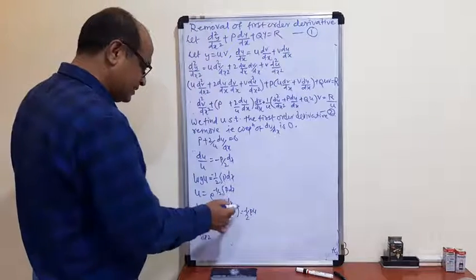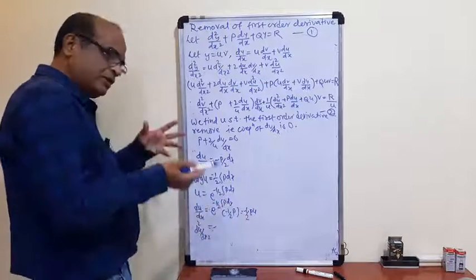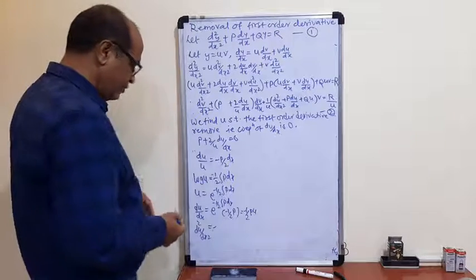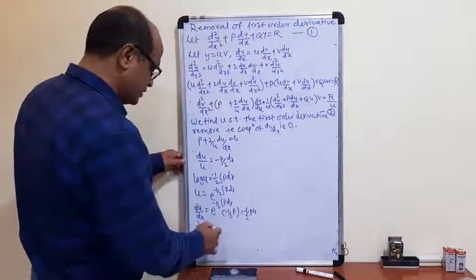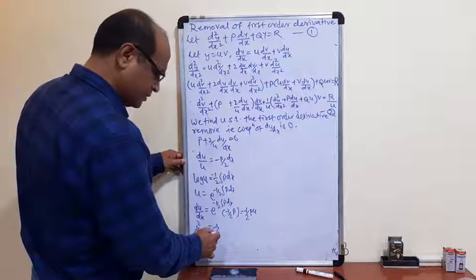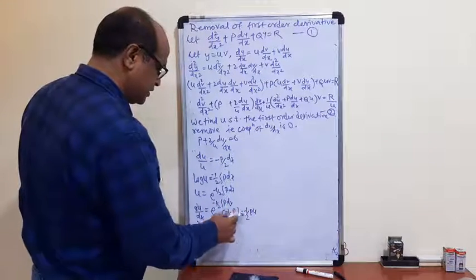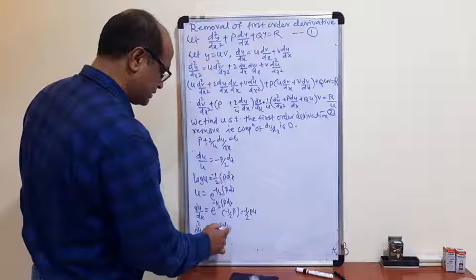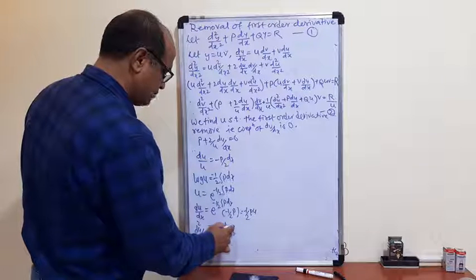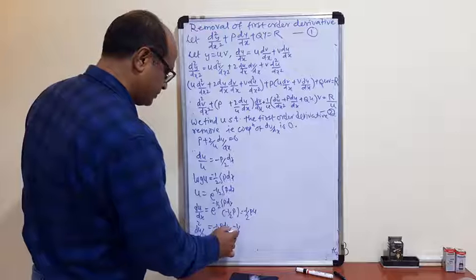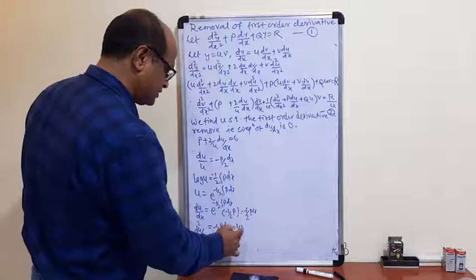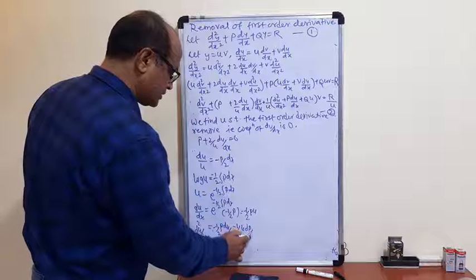So differentiate this with respect to x again, we get d2u by dx square. This is minus half, p as it is, derivative of u, du by dx, minus half u as it is, derivative of p, dp by dx.